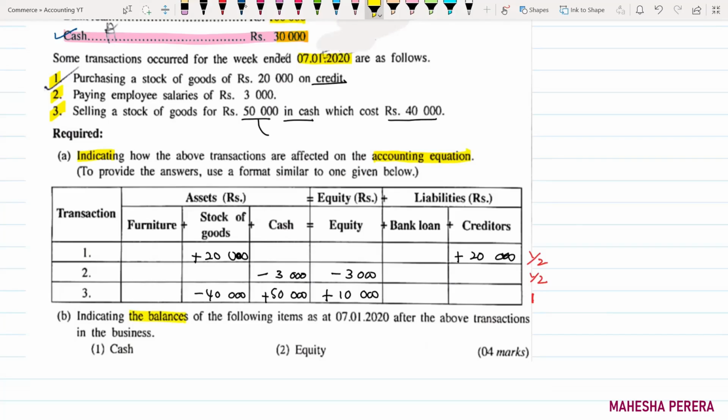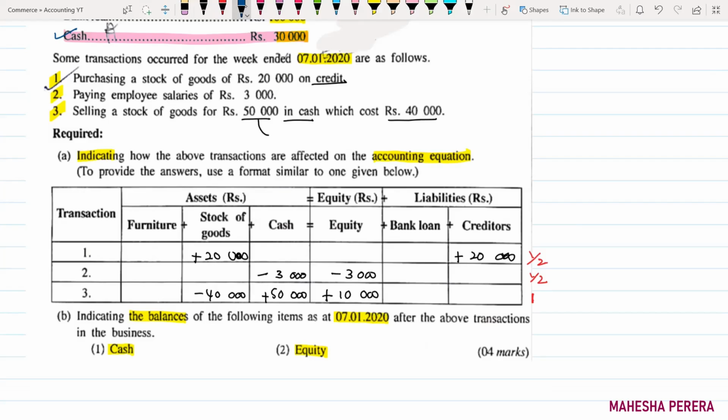Indicating the balances of the following items as at 7th of January. Now, what is this balance? This is closing balance. 7th of January means at the end of the first week, after the above transactions in the business. Right, so you need to find the closing balance of cash as well as closing balance of equity. Okay, right, now concentrate on the column cash.